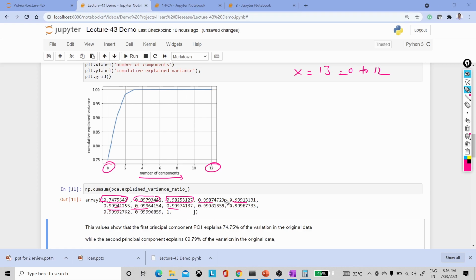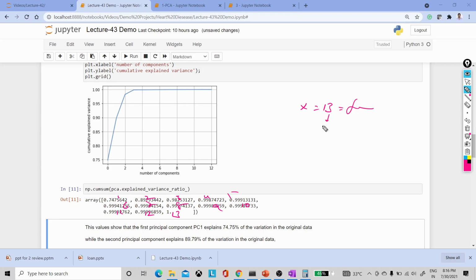If you see how many components there are, 1, 2, 3, 4, 5, 6, 7, 8, 9, 10, 11, 12, 13, it means our X contains 13 features. The information of the 13 features can be divided into 13 components. First PCA explains 74%, second PCA explains 89%.